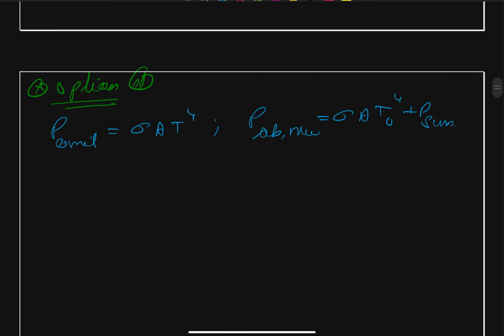For temperature to remain constant, these should be equal. So P absorbed nu is equal to P emit.